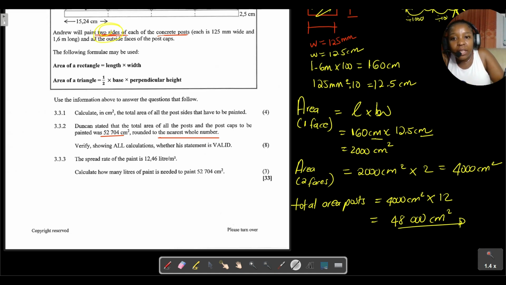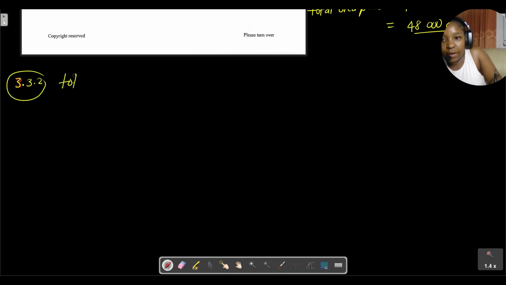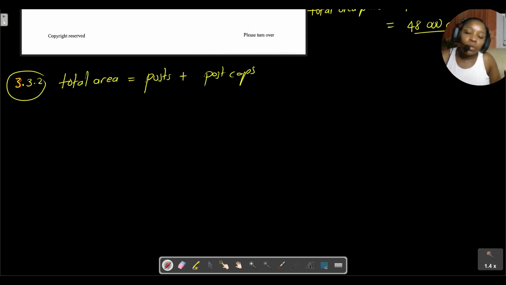He's saying that the total area of the posts plus post caps is 52,704. So we want to verify if that is correct.